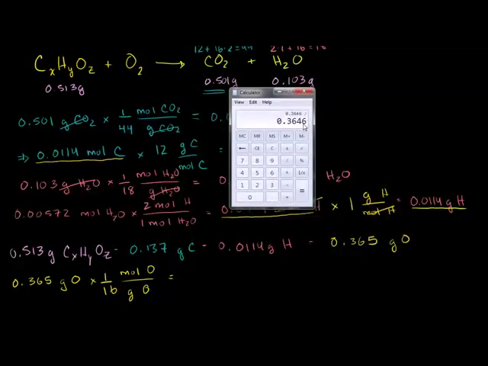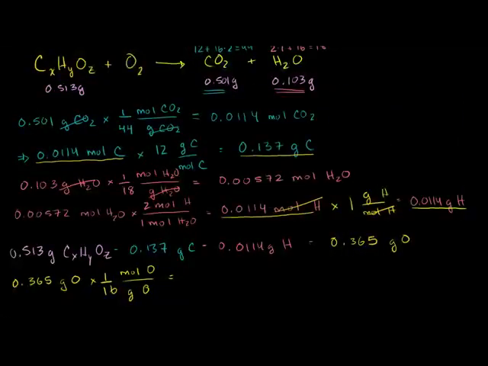I'll just divide it by 16. So 0.22, I'll say 8, just to round it. 0.0228. Let me put it aside. I want to make sure I don't lose any zeros here. So this tells us that we have 0.0228. These guys cancel out. Moles of oxygen. We're almost done.